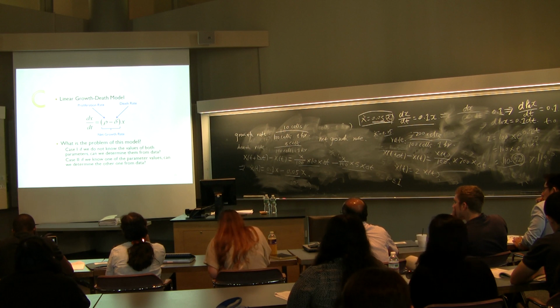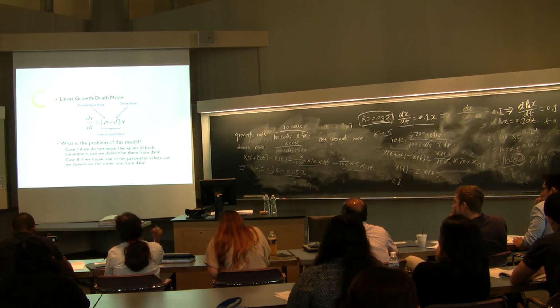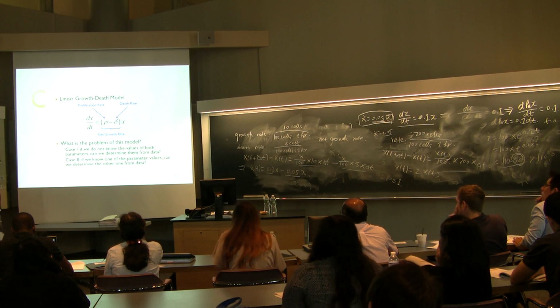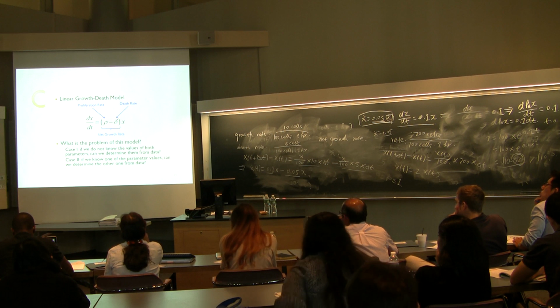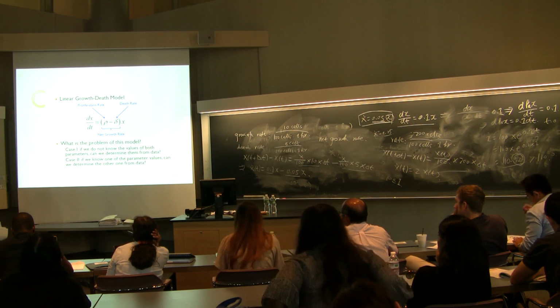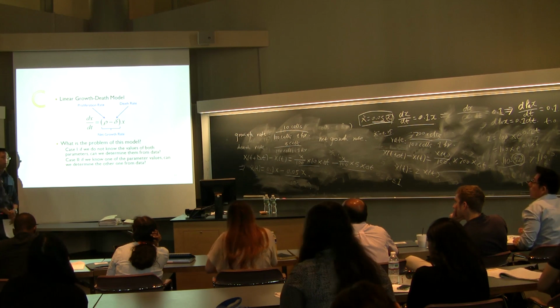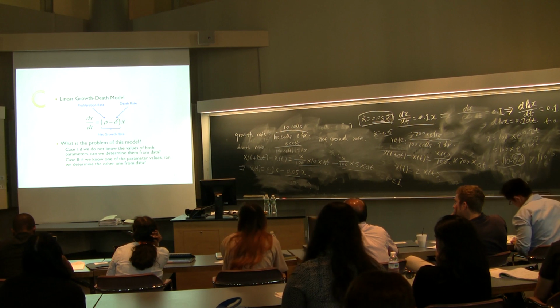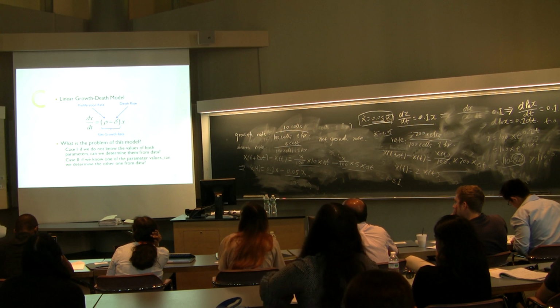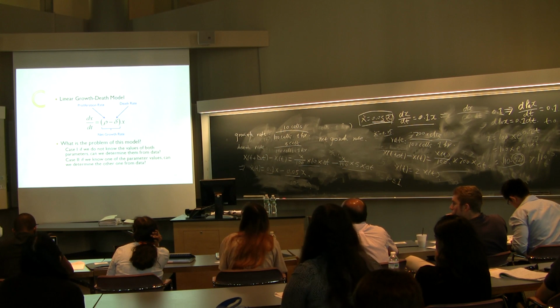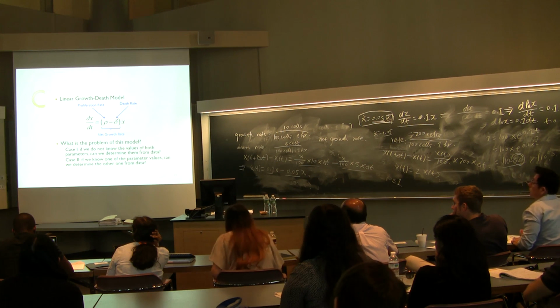So let's think about what the problem of this model is. This problem is not about the model structure, it's more about the parameters. If we do not know the values of both rho and delta, can we actually determine them from data?